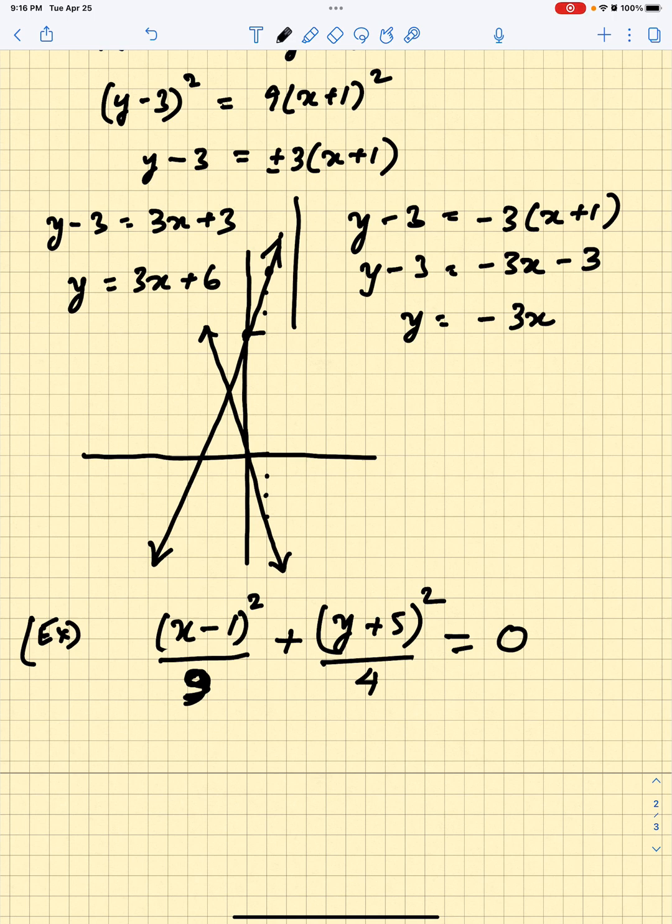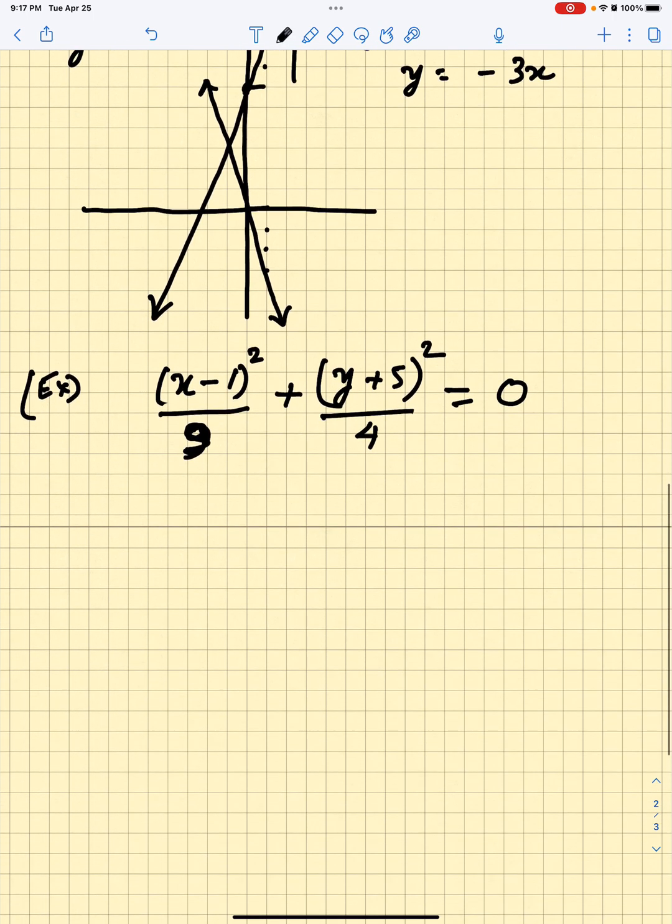Will this satisfy any point? Only if the point is (1, negative 5), right? (1, negative 5) would make this 0. So this is actually just a single point, (1, negative 5), right?